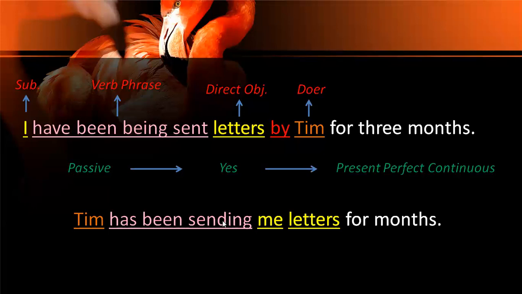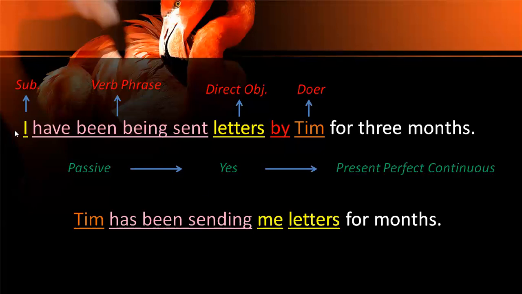Now "been sending" because the tense is perfect continuous, not perfect simple. So we need the -ing. And "being" is omitted and this -ing goes with the verb send and becomes sending. Tim has been sending whom? Me.